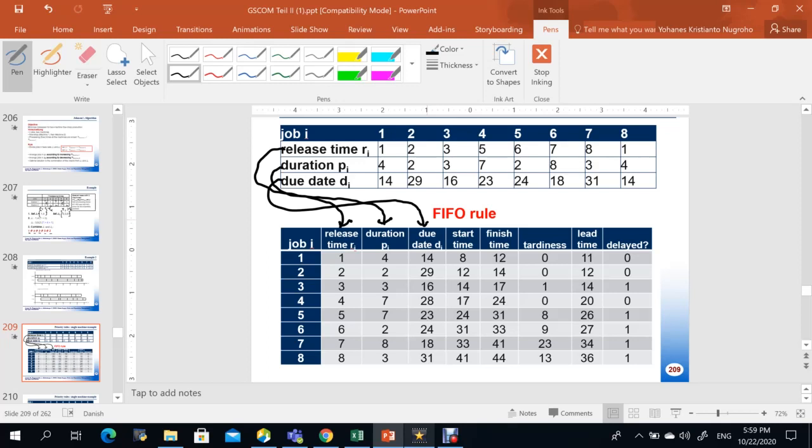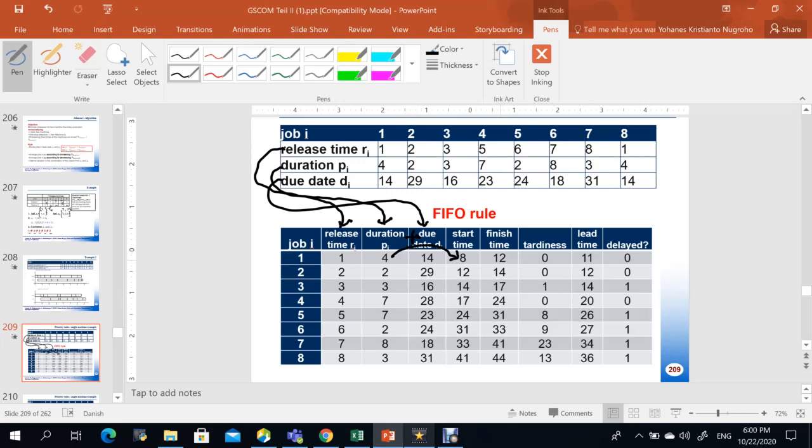And we can start calculating the finish time because the duration is 4 minutes or 4 hours, and therefore the finish time will be 4 plus 8, right? 4 plus 8 equals 12.